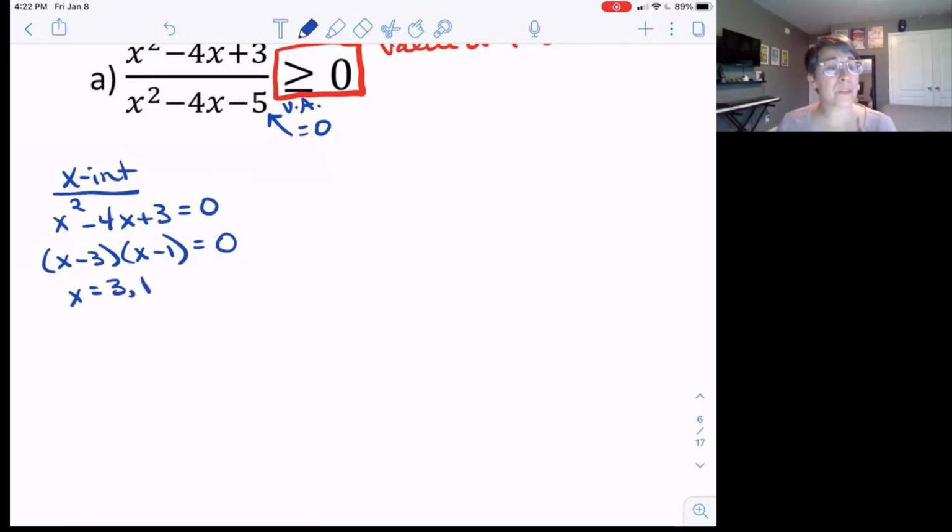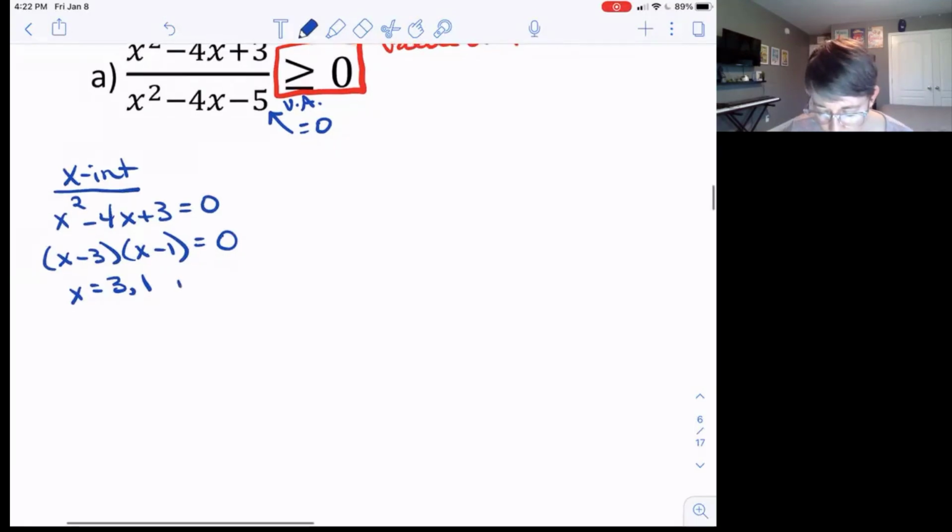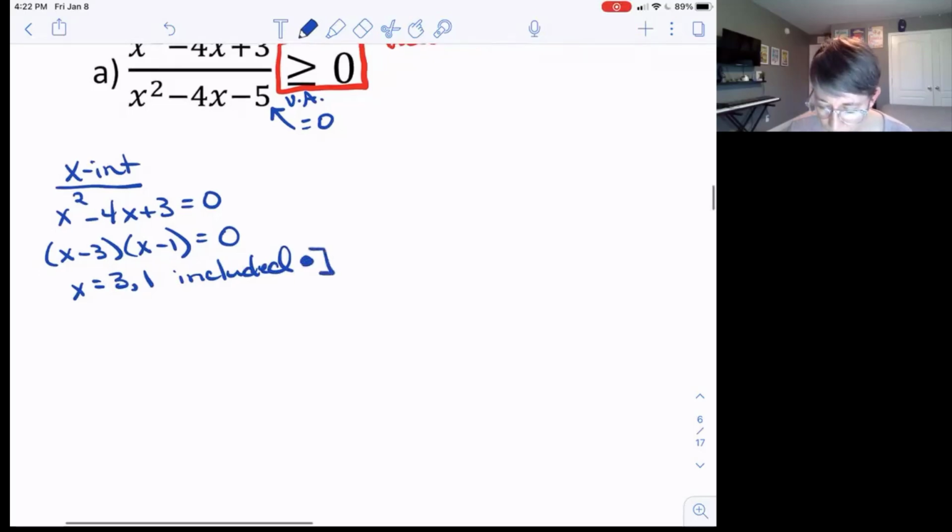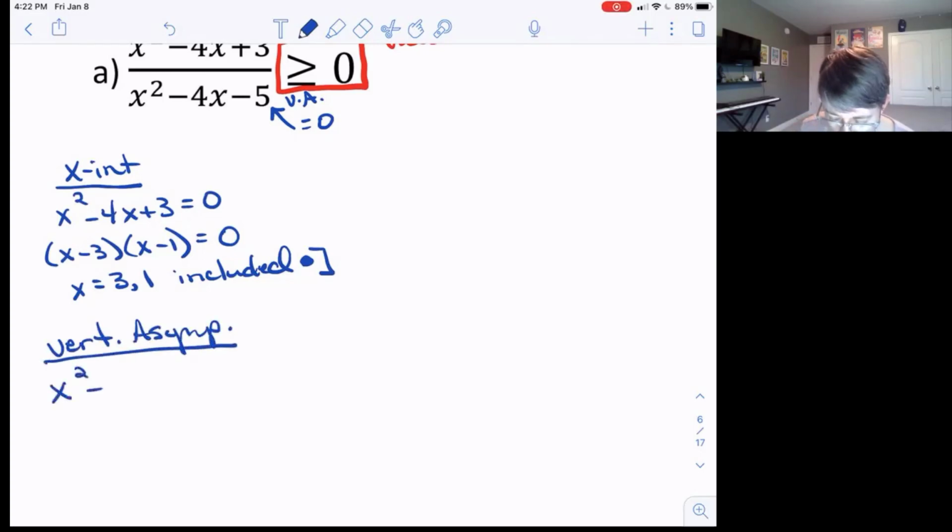Since these came from the top, these will be included. So think of it as a colored-in dot or a bracket. Well, to find our vertical asymptotes, we're going to set our denominator of x squared minus 4x minus 5 equal to 0.